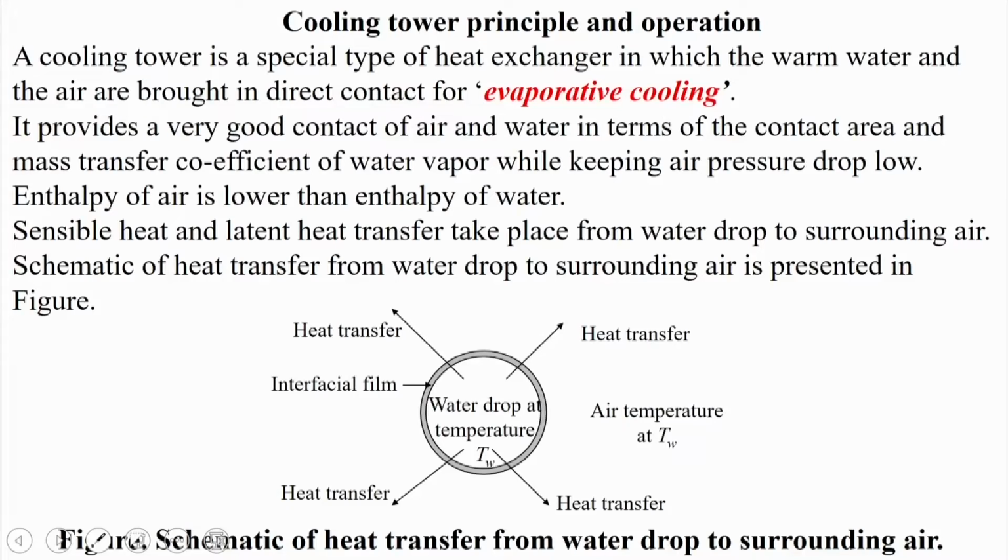Okay. So, it provides very good contact of air and water in terms of the contact area and the mass transfer coefficient of the water vapor, while keeping the air pressure drop low.